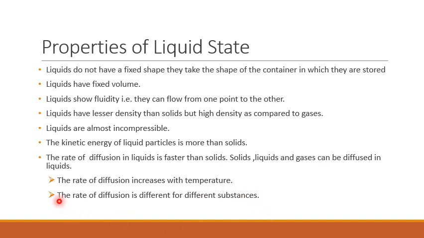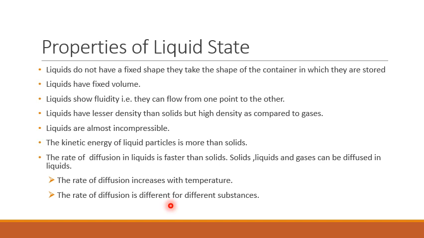The next point says the rate of diffusion is different for different substances. Say if I add an ink drop in water, it would take some time to get dissolved completely or to spread in the water completely.